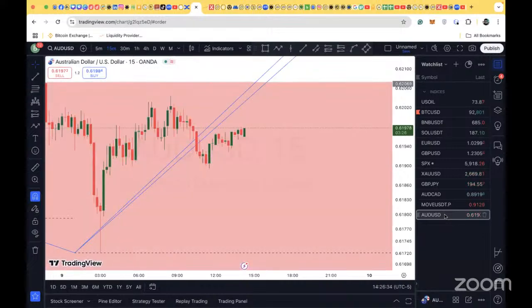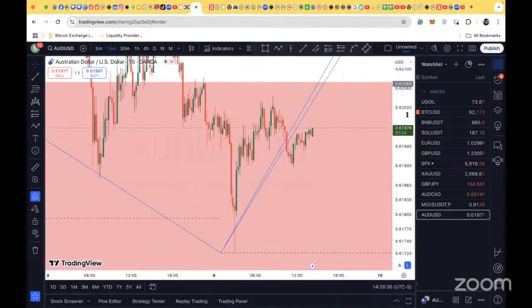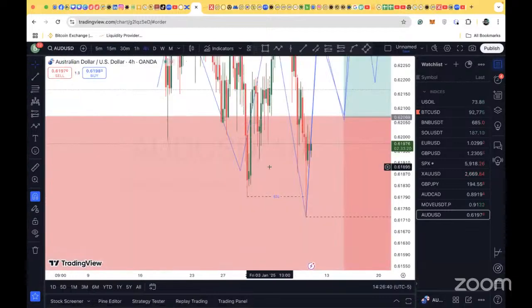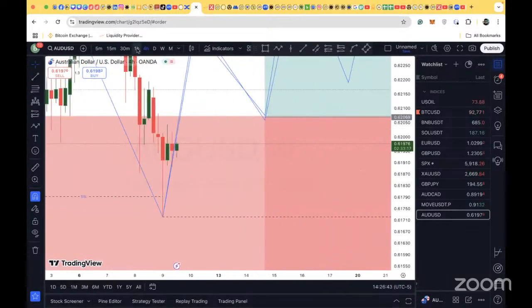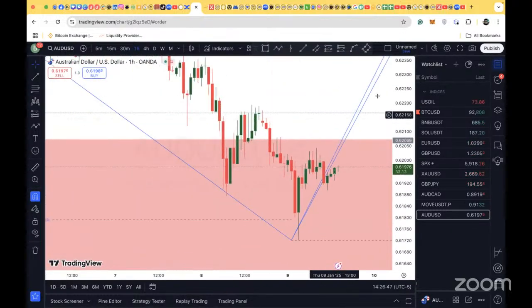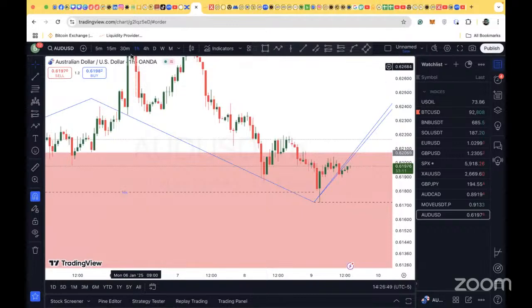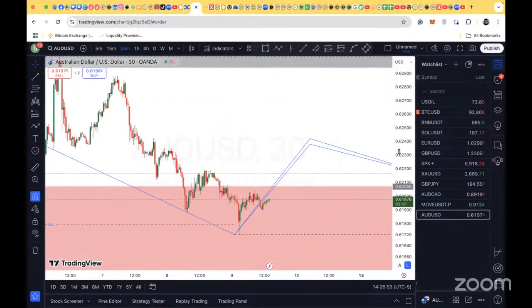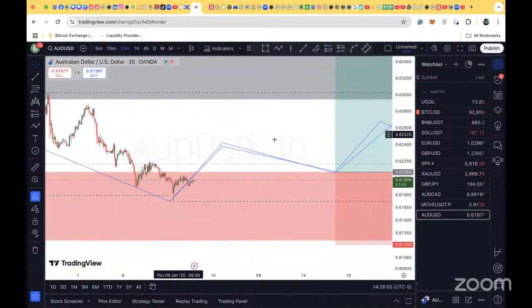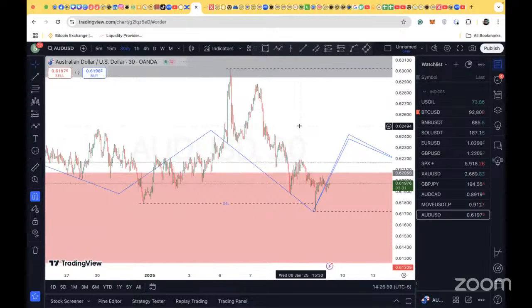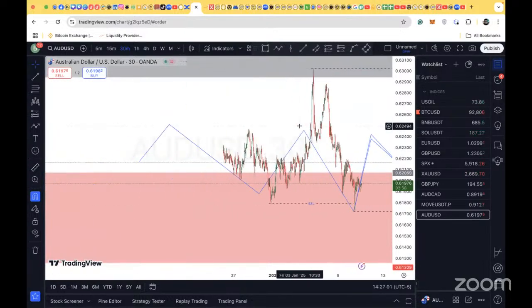AUD USD looks good, but then we need a change of character on a smaller time frame. That's what we said.